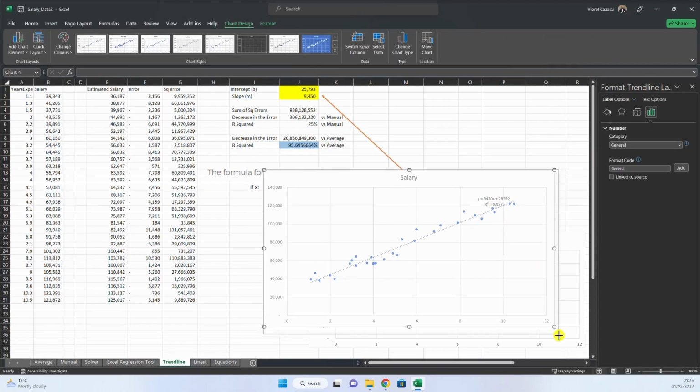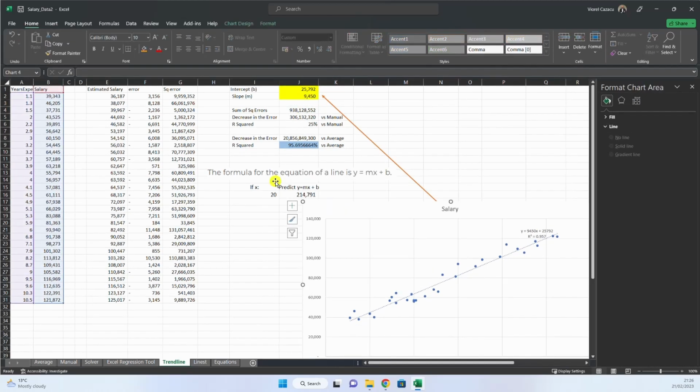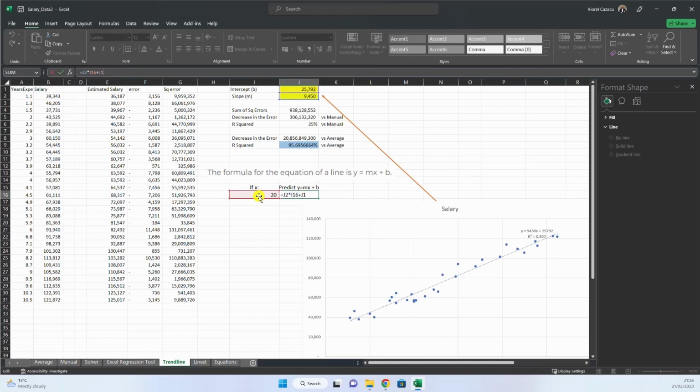And you see that Excel gives us the intercept and the slope and also the R squared. So we take it from here and we calculate here the equation, intercept plus slope multiplied by year, and we have the outcome for 20 years, for example, or for 15 years we have this 167.